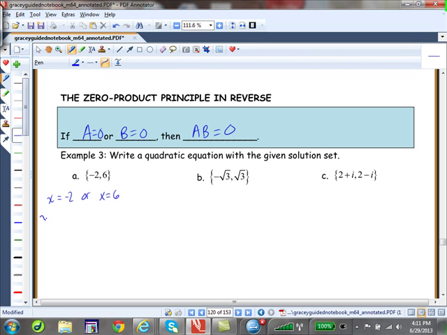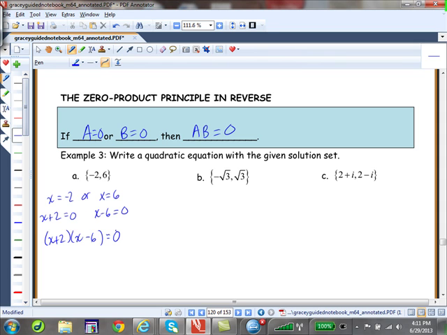So if we were to add 2 to both sides here, we would get x plus 2 is 0. And over here, if we subtracted 6 from both sides, we would get x minus 6 is 0. So now that we have each of them equal to 0, we can say, well, if that's true, then if I multiply these two together, they must be 0.